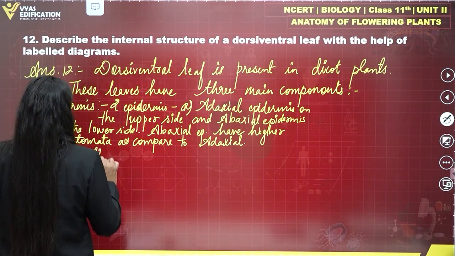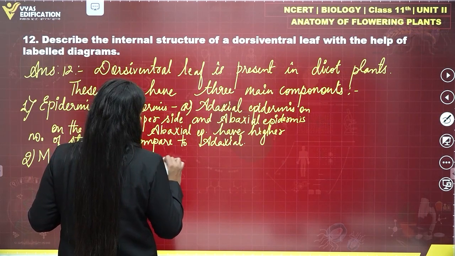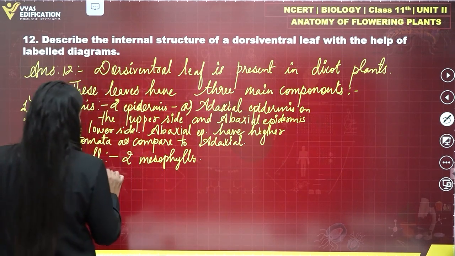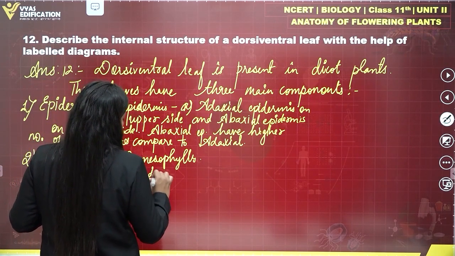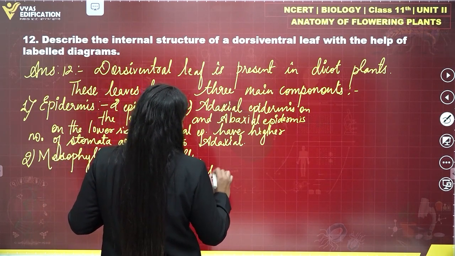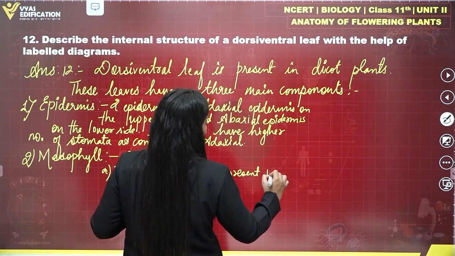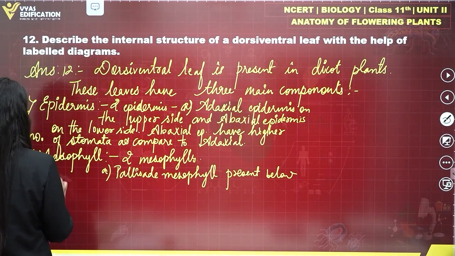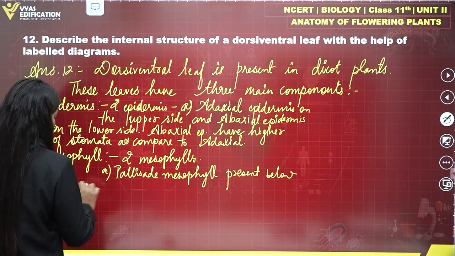Mesophyll. So basically we have two types of mesophyll cells. First one we have is palisade mesophyll, present below adaxial epidermis.